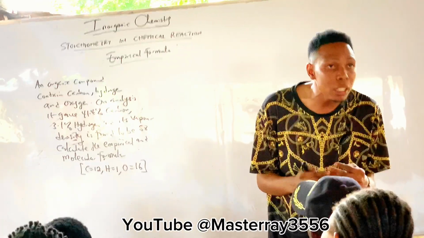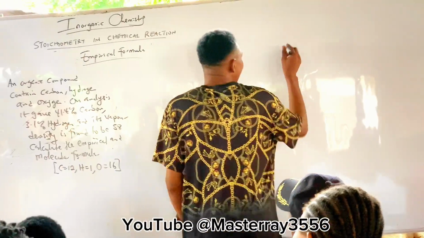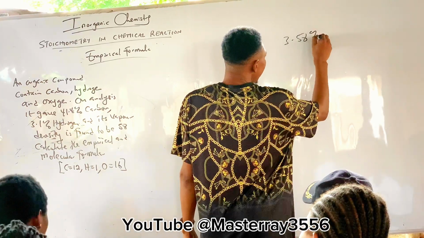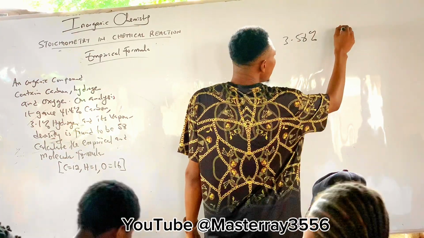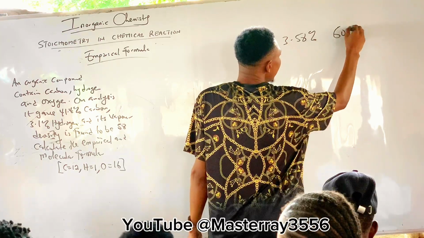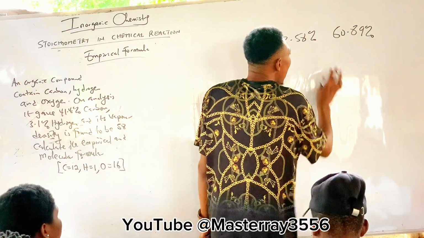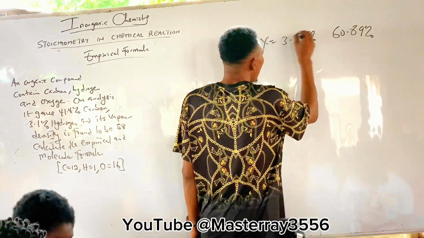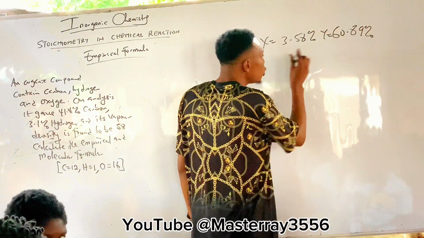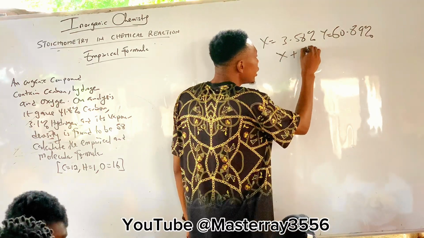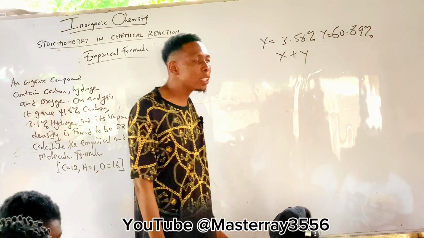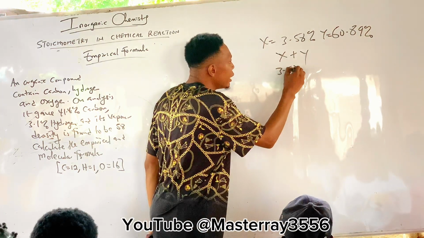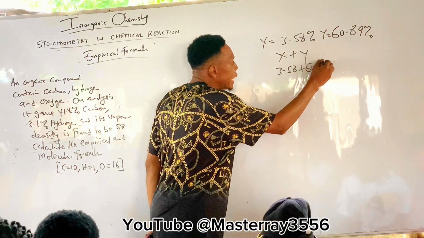Oxygen. Are you following? Let's assume we were given 3.58 percent, and the other compound we're given is 60.89 percent. Now what do you do? You add up these two compounds, S and Y. So it should be S plus Y. You add these two together, which is 3.58 plus 60.89.